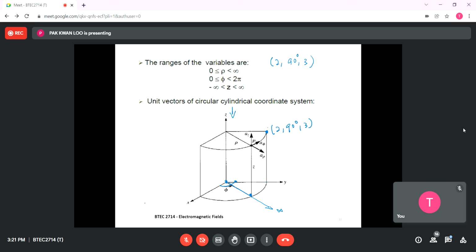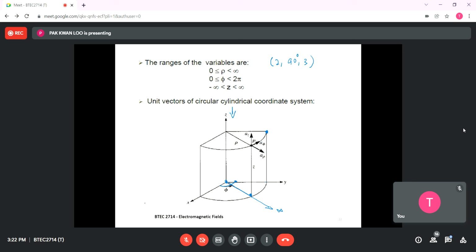And for the unit vectors, one is pointing radially outwards. This is a unit vector pointing radially outwards. And z is perpendicular to the radial unit vector for rho.